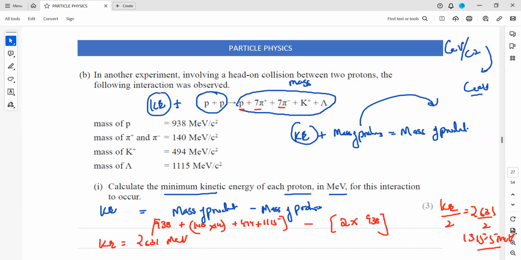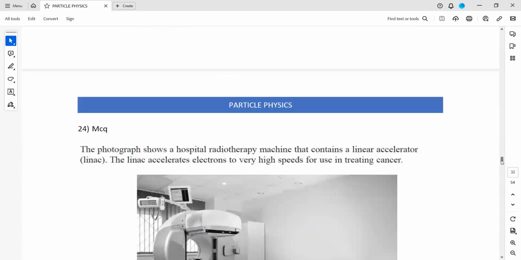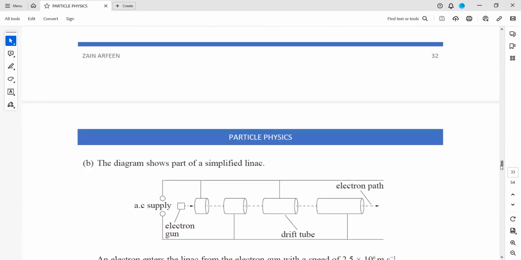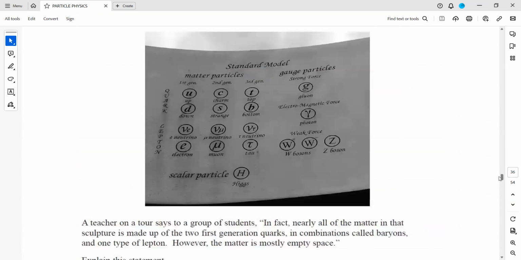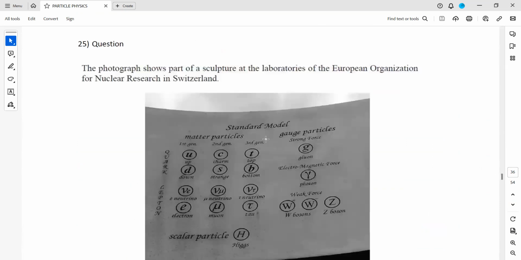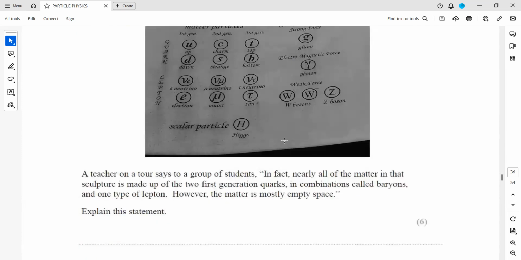Then the next question, page number 36, question 25. The photograph shows a part in a European organization for nuclear research in Switzerland.